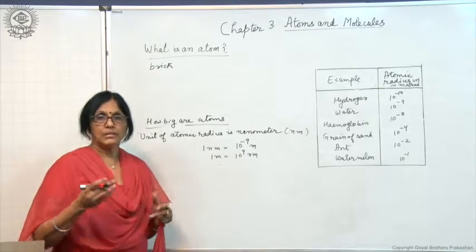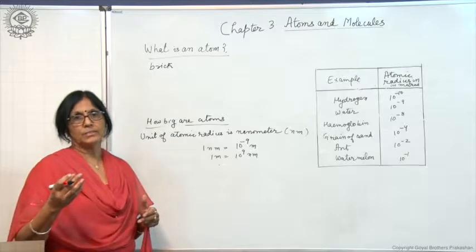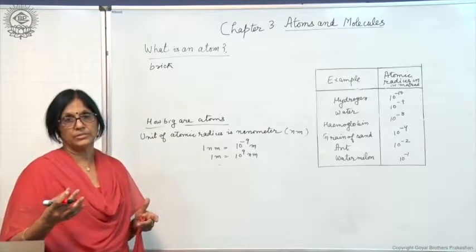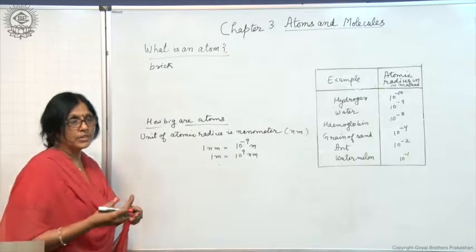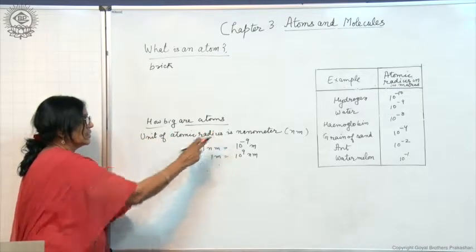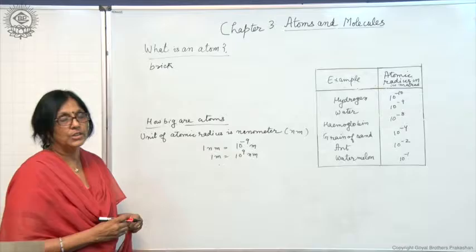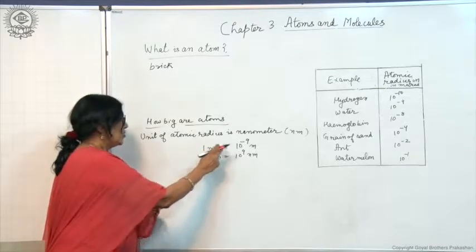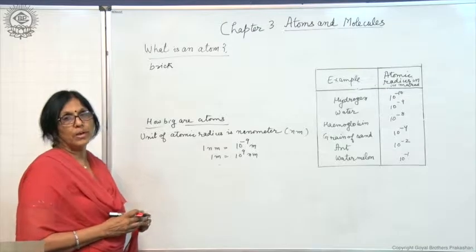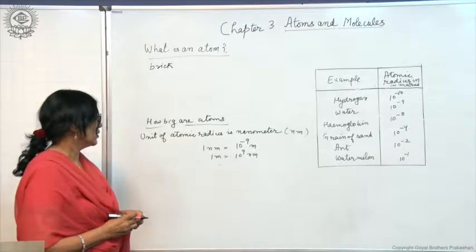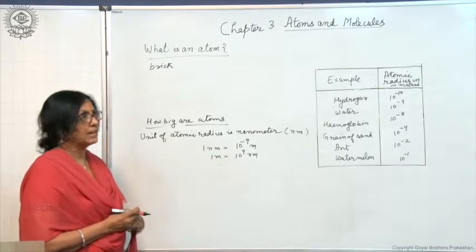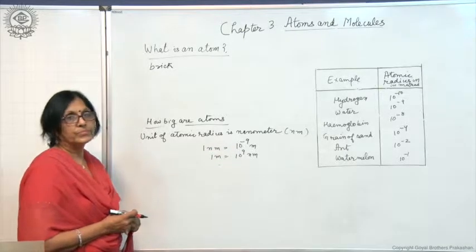Now the size of the atom is measured as atomic radius, and the unit for measuring the atomic radius is nanometer. The short form is nm. 1 nanometer is equal to 10 raised to the power minus 9 meter, and 1 meter is equal to 10 raised to the power 9 nanometer.